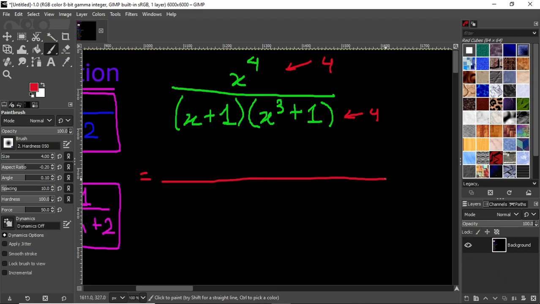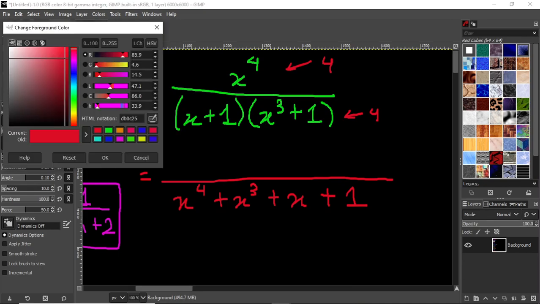So here the denominator is going to be x to the 4, x cubed is here, plus x cubed. There's no x squared term, plus x, there's only one x term, and plus 1. All right, that's our denominator.